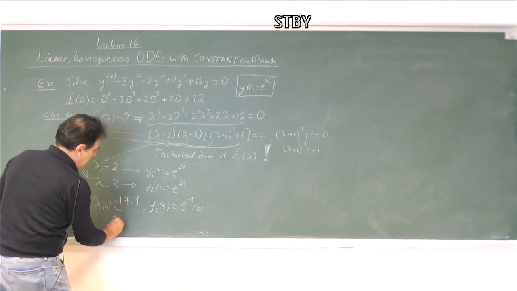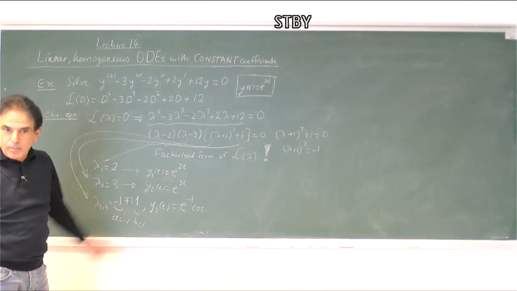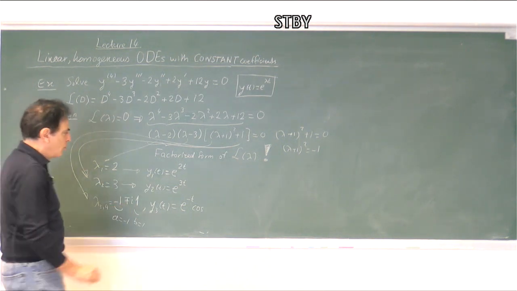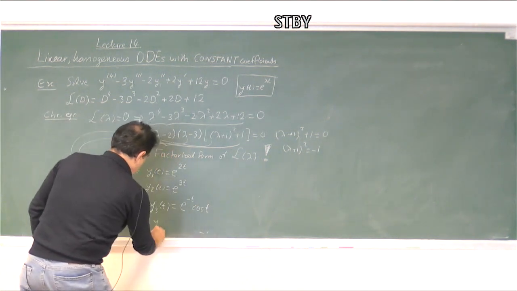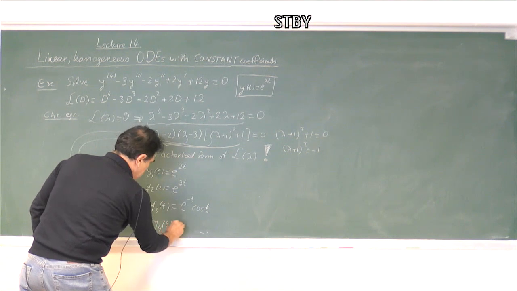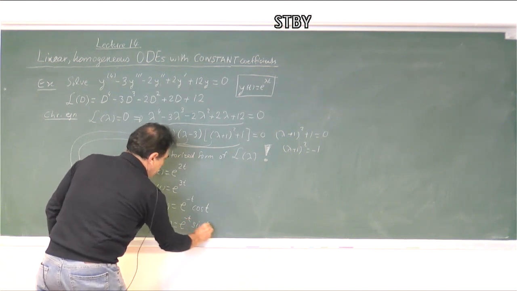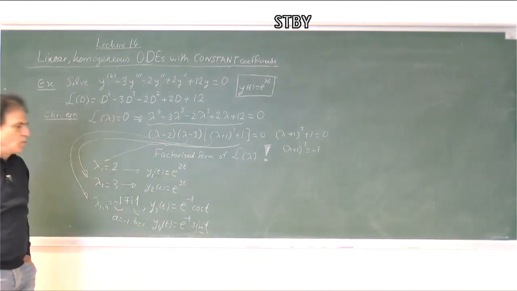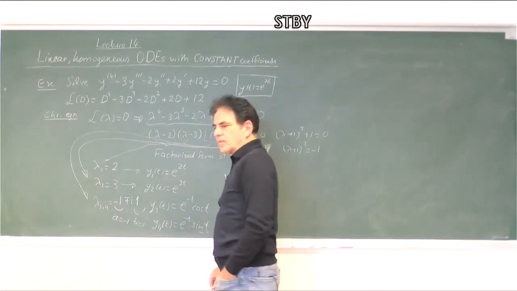Look, a is minus 1, b is 1 in this pair of complex roots. So we have cos t, and the fourth solution is e^(-t) times sine t. As you see, b is 1. Therefore, all 4 solutions have been obtained.